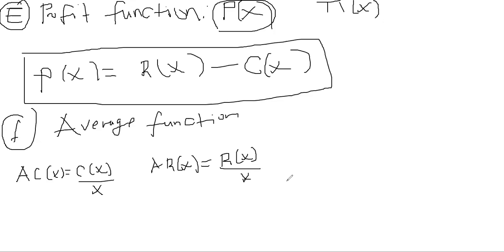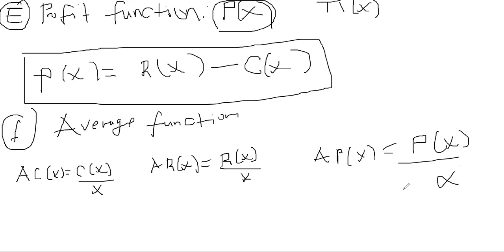So we can also have average profit function as A, P, X. So we take this profit function here and divide it by X. So we have up to 6 functions that we looked at, and we look at some of their characteristics and their formulas, and we will be using some applications to calculate, to derive these functions.